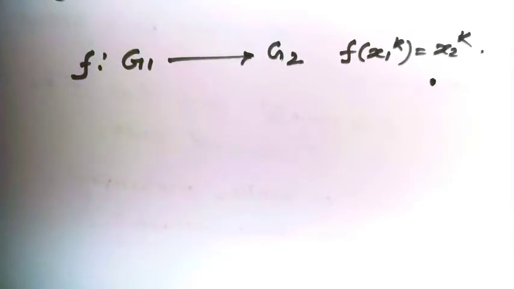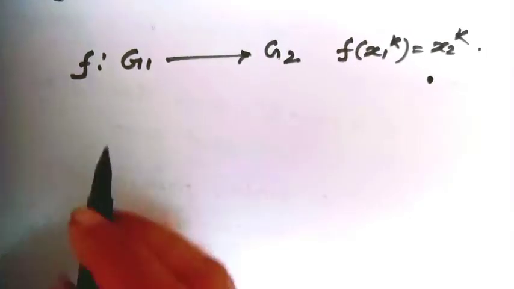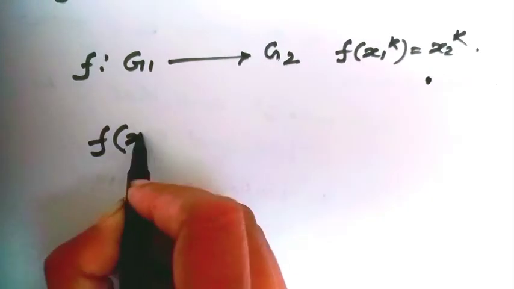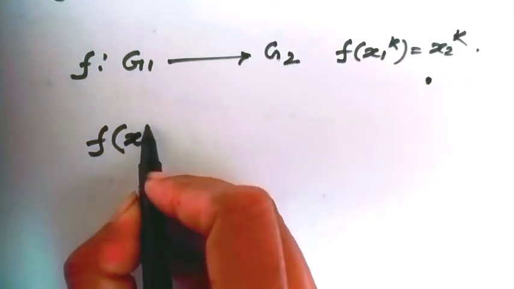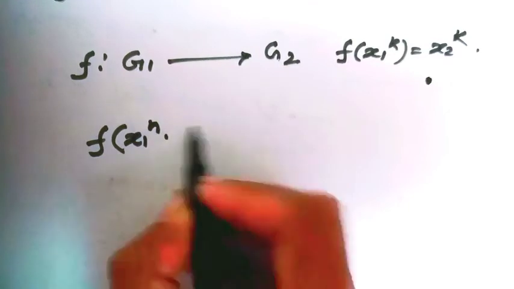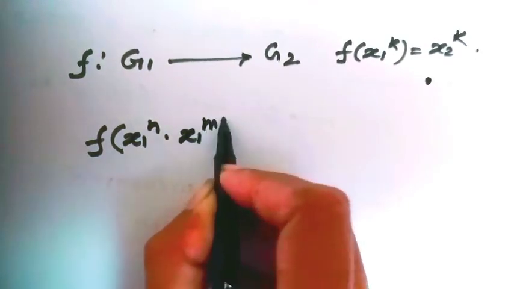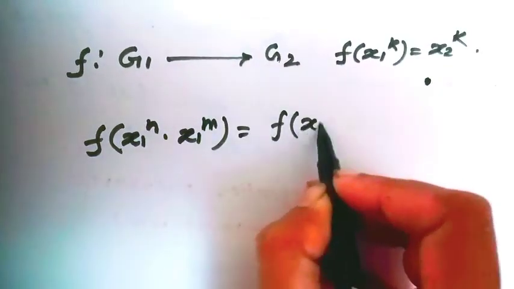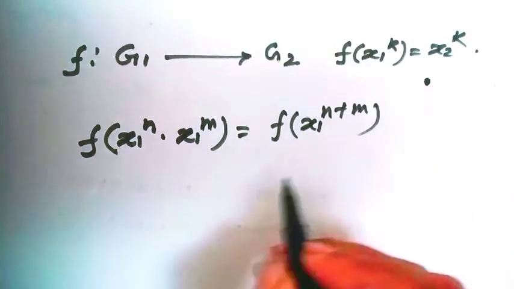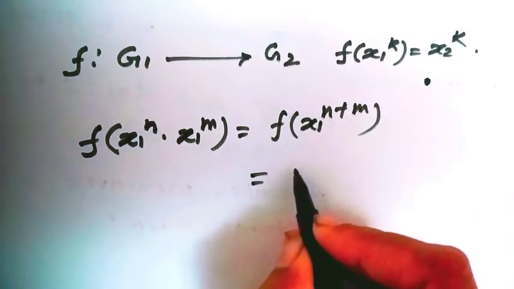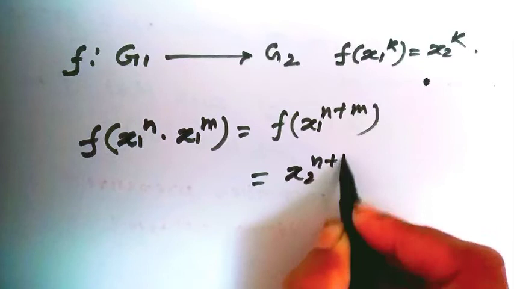And this map is always a homomorphism. Let's verify. f of x1 to the power n times x1 to the power m equals f of x1 to the power n plus m, which also equals x2 to the power n plus m.